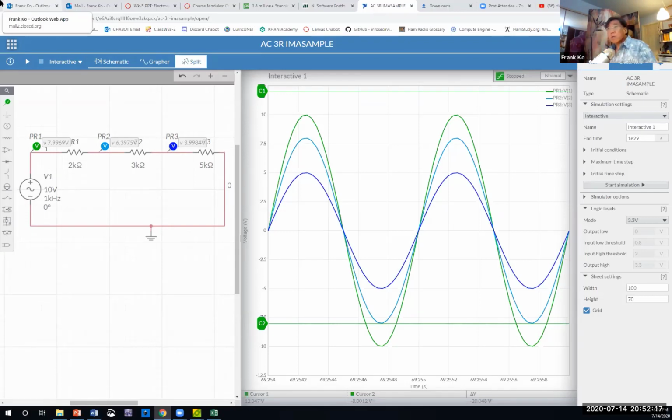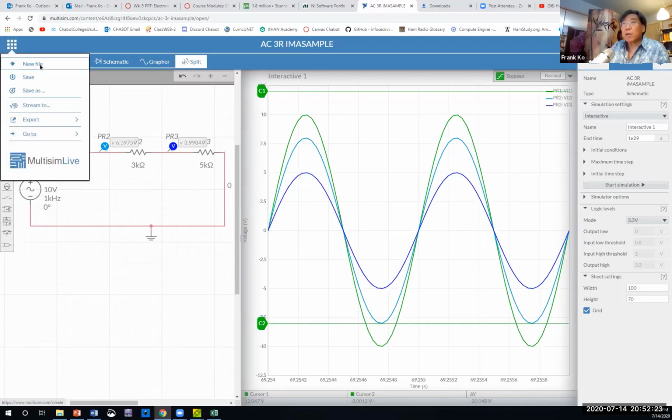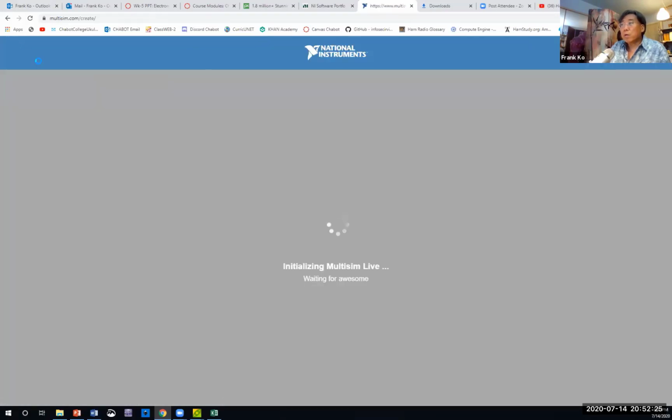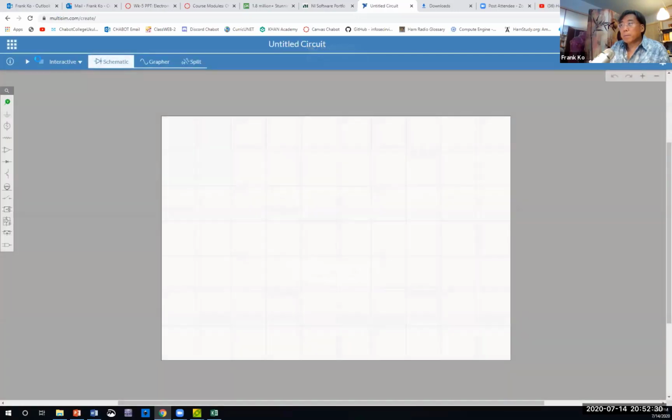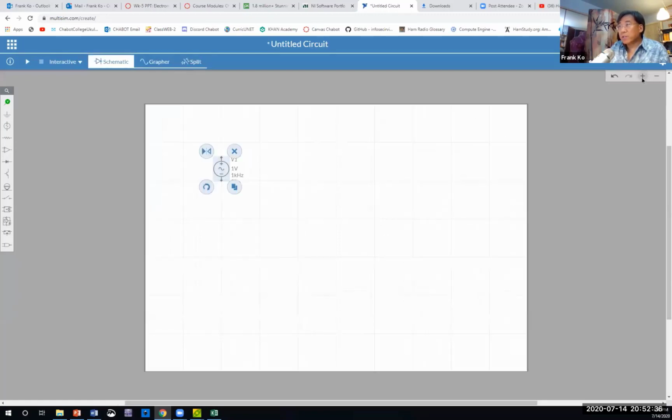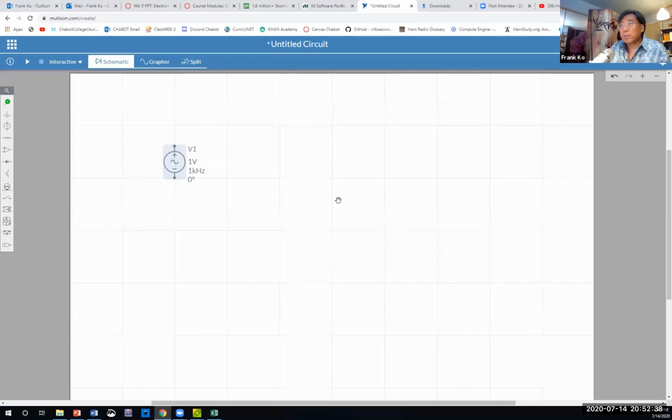All right. Now we're going to do something fast. So back to my share screen. All right, File, New. Okay, so I'm going to drag a voltage source. I'm going to magnify this a little bit because I like a little bigger image.